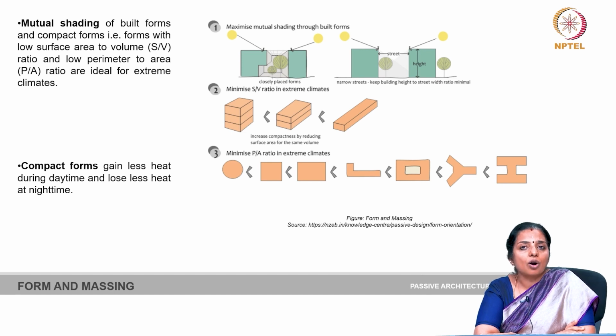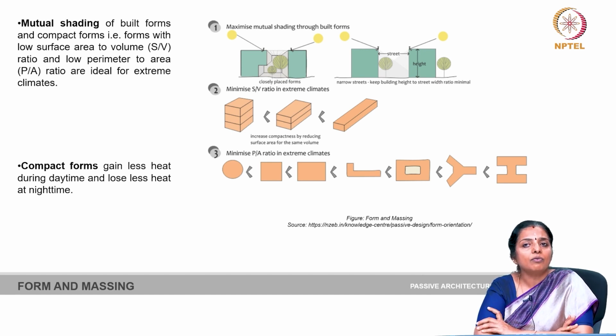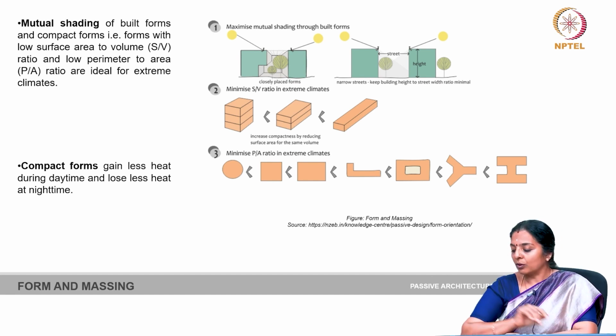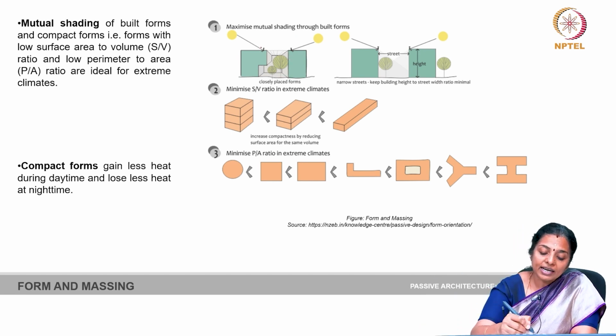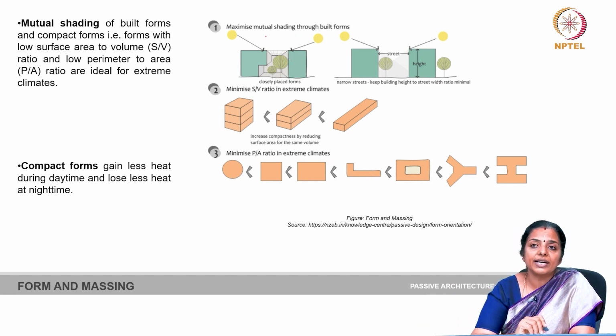Now, when you have a compact form, the thermal performance of buildings is influenced by the form and massing. You also need to understand that having dense forms, having compact forms can in a way help in some climate types. For example, in hot dry climates, it is needed because compact forms are going to reduce the ingress of solar radiation and it will maximize mutual shading.